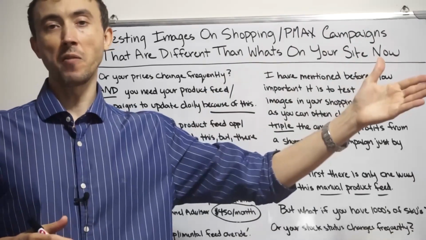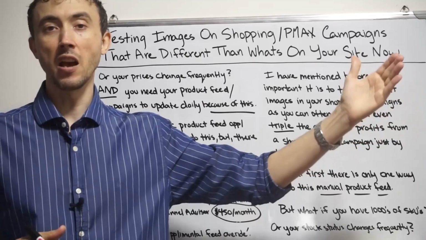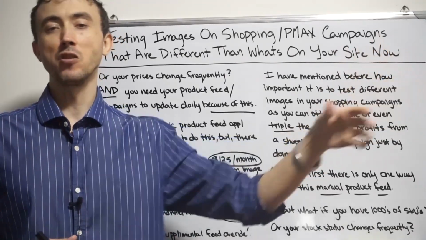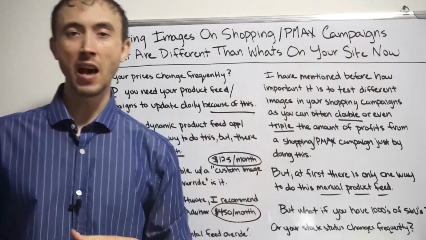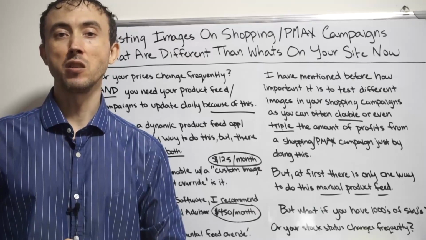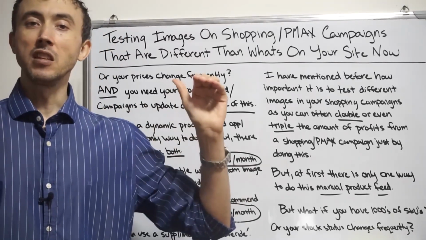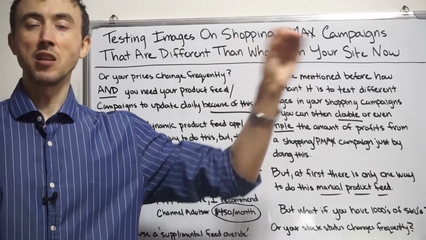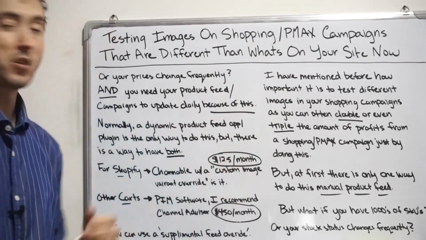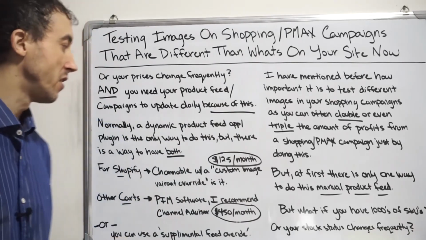And you can still have whatever image you want show up on Google search for each item, giving you the extra profit of an optimized shopping image ad versus just the default product image on your site. You get that extra 2, 3, 4, 5 plus increase in profit that you would get from having the image that shows up on shopping be optimized versus the default image for each product from your site.